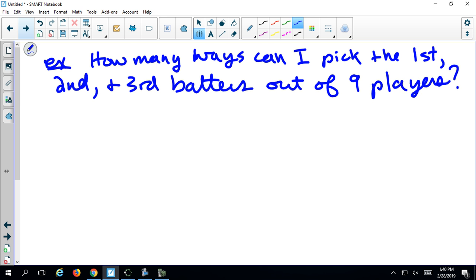So I don't care about how many ways I can rewrite the entire batting order. I just want to know how many ways I can pick the first, second, and third batter. So I'm not picking all of them, right?